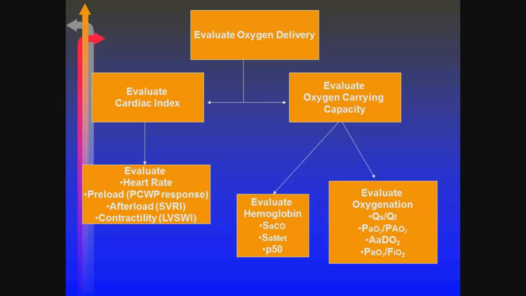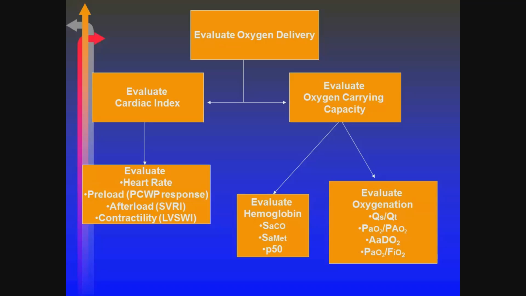Afterload can be assessed by the vascular resistance in the systemic circuitry. And we have not talked about this, but there is a number that we can use to evaluate contractility. It's called the left ventricular stroke work index, as far as what's available on the left-hand side. There's also right ventricular stroke work index, but that's on the right side of the heart.